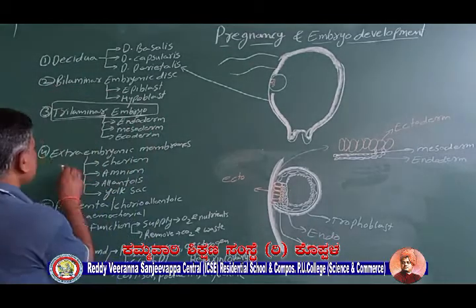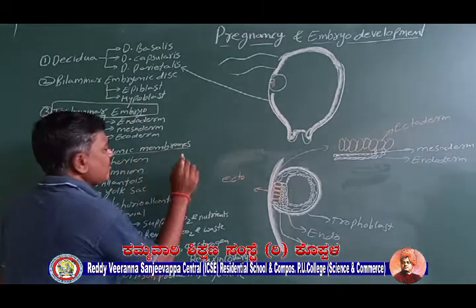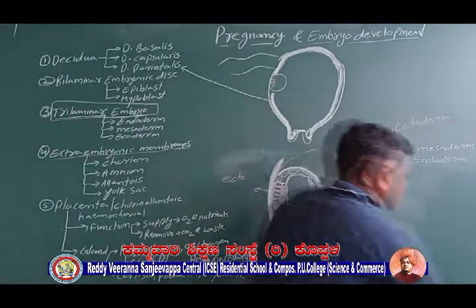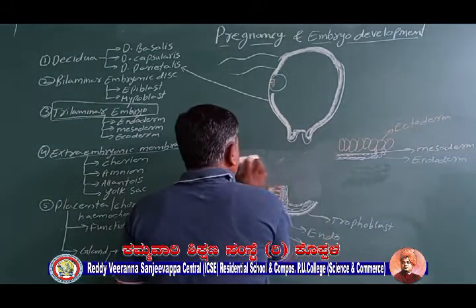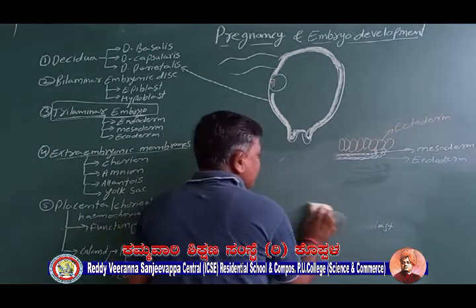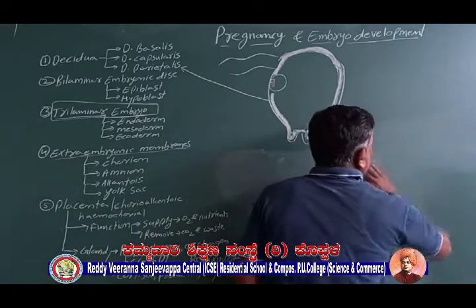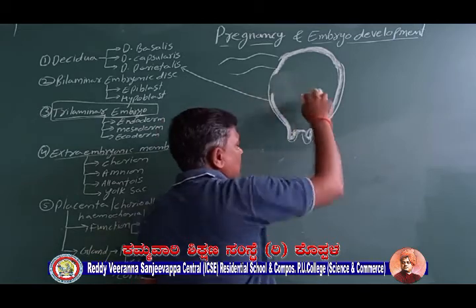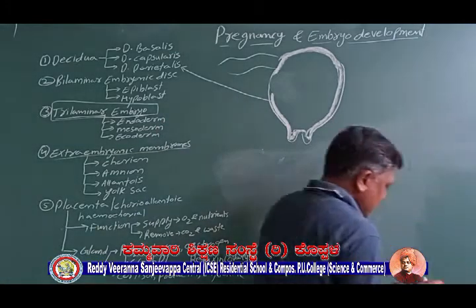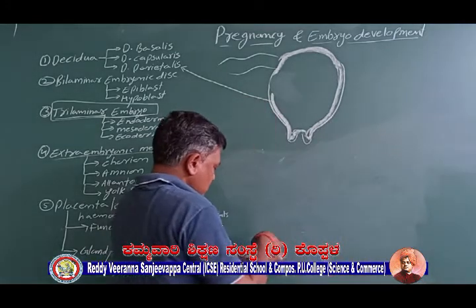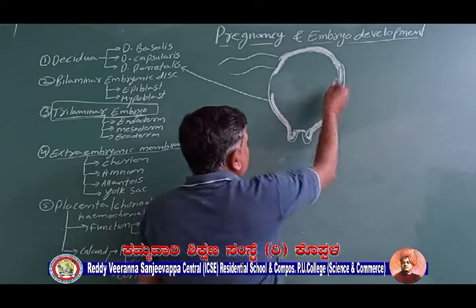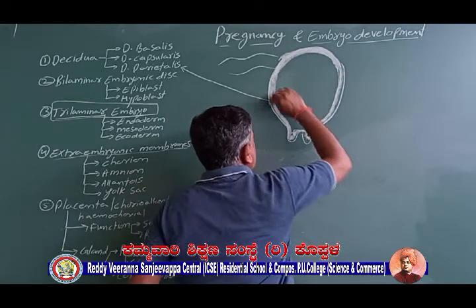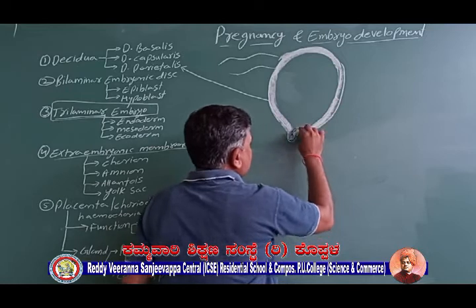Now how is there a formation of the extra embryonic membrane? Now in this diagram I will show how the embryo is present and how the extra embryonic membrane is present. Now total development occurs. So see here. This is the total uterine cavity which contains the endometrium.